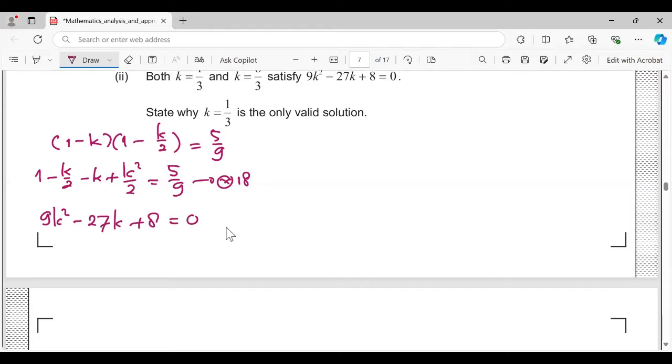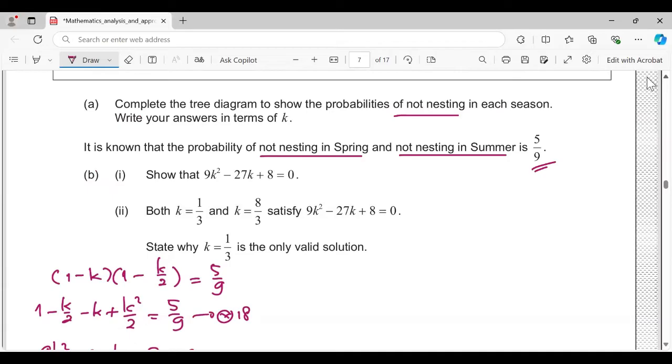Okay. So this is the equation according to this statement. Show that 9k squared minus 27k plus 8 equals 0.